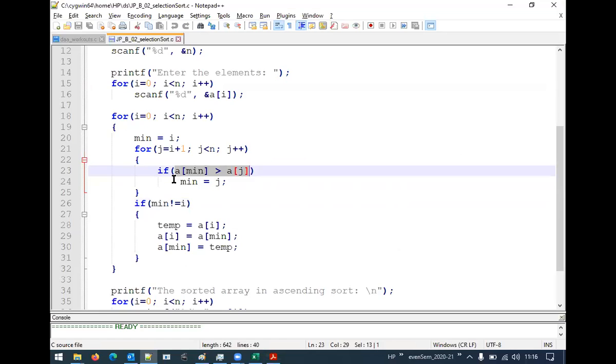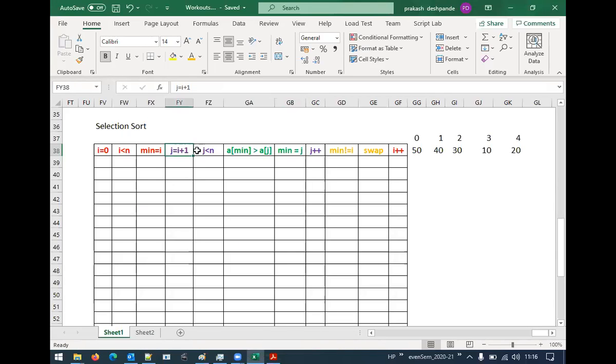Now, after these statements are executed, where will the control go back to? Does it go to the if statement, or will it come back to the j plus plus, or will it go to I plus plus? j plus plus, right? So for tracing, look here, these two colors are the same, so that it helps you to trace the programs properly.